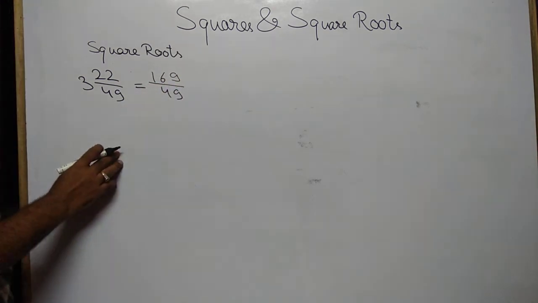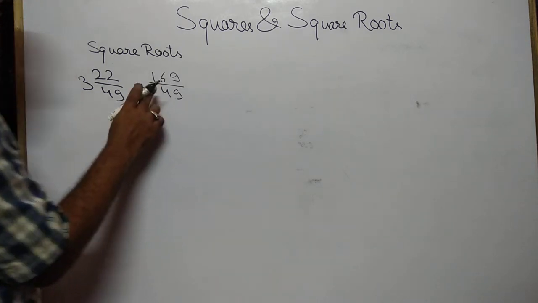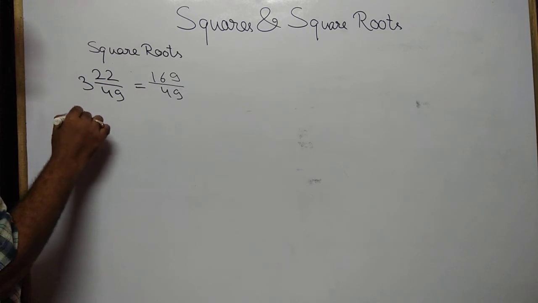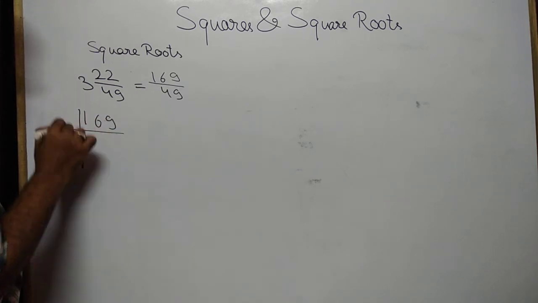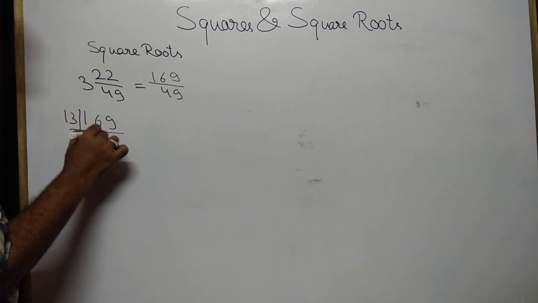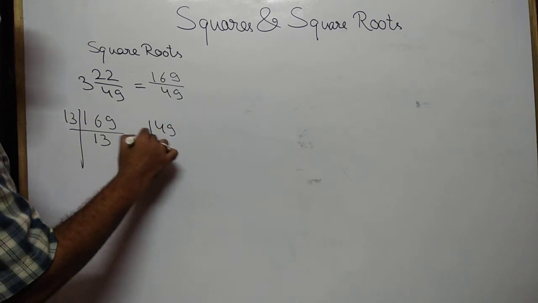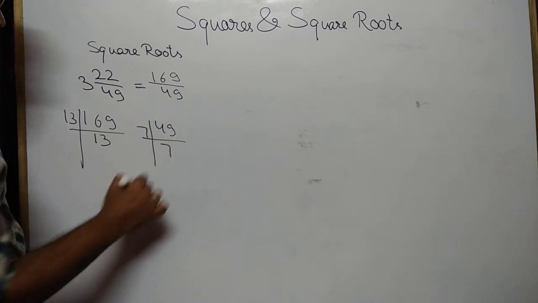Now how we find out the square root of this? First we find out the prime factors of individual numbers separately. So 169 is 13 into 13, 49 is 7 into 7.